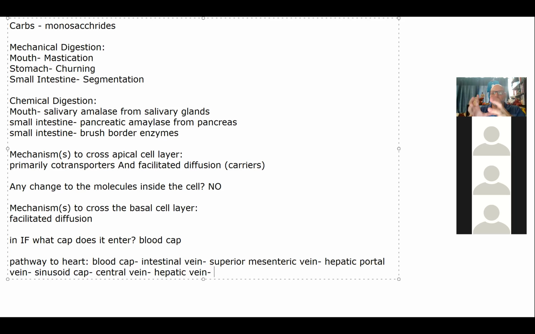What big blood vessel does the liver wrap around? The inferior vena cava. There you go. Which, of course, feeds into what? Right atrium. Bingo. And just that easily, you have answered all the questions, provided all the material necessary to describe the absorption pathway for carbohydrates.